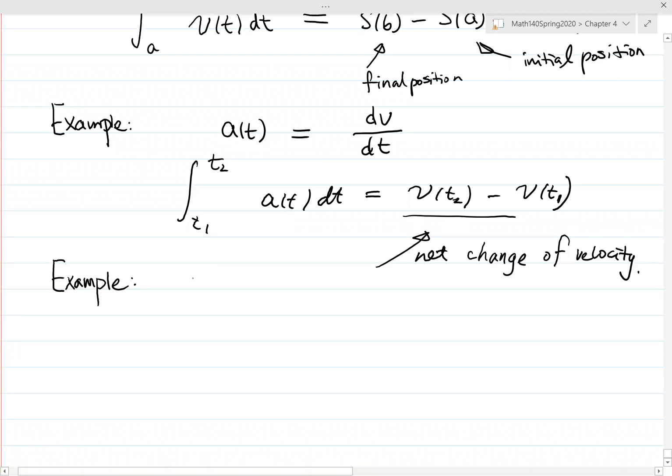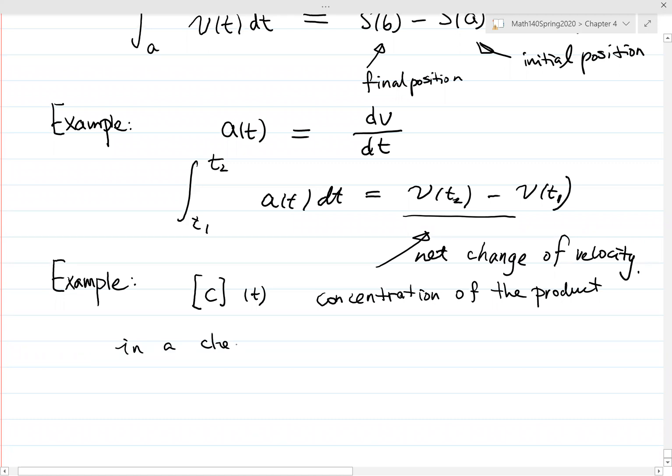So the notation is C, the concentration of some product in a chemical reaction at time t.